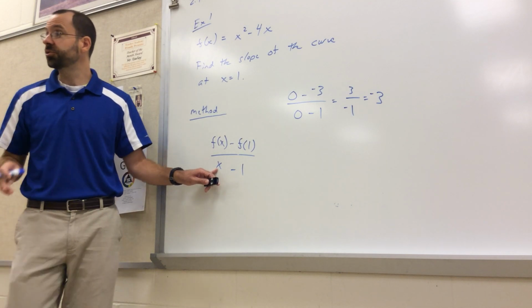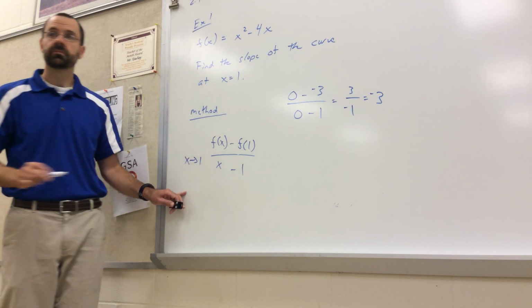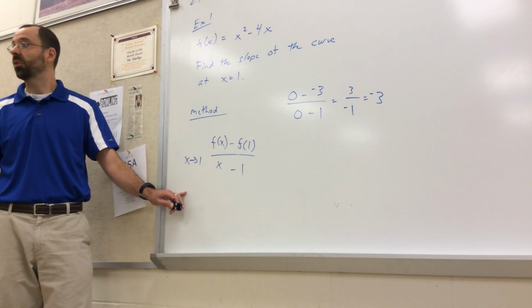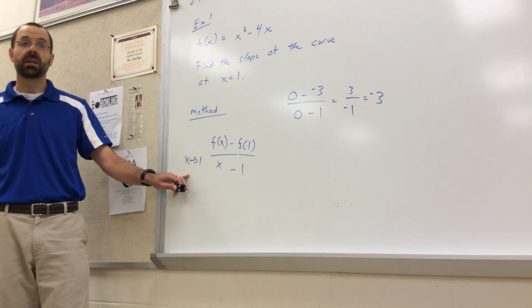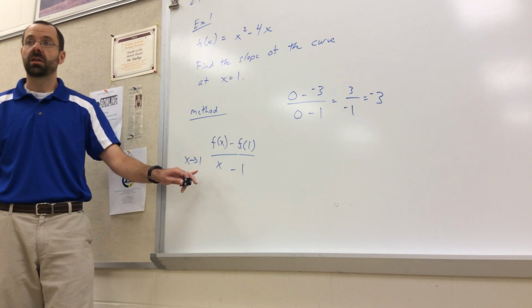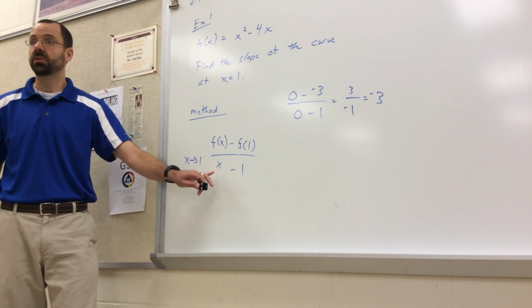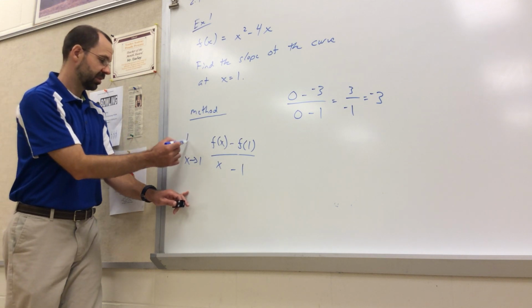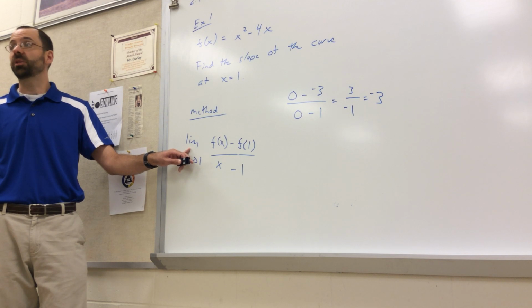Those x's are getting closer and closer to 1. So I need to pick x's that get closer and closer to 1. And then I kept calculating this, and then I looked and saw what those were getting close to. That's what LIM means: look and see what they're getting close to.